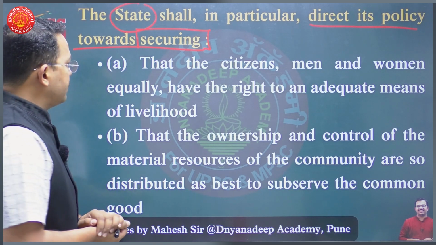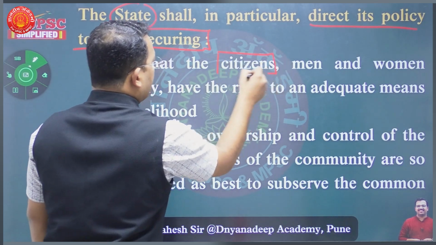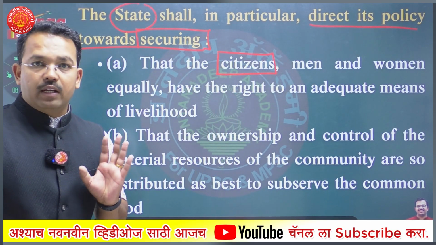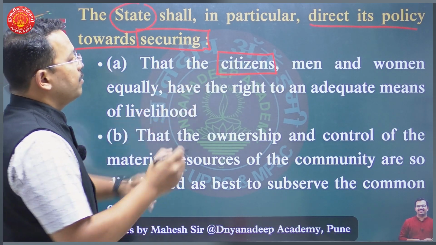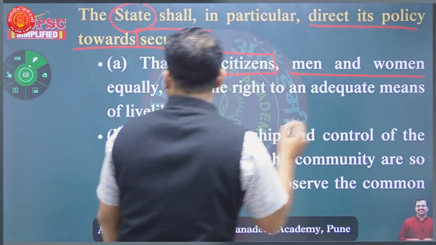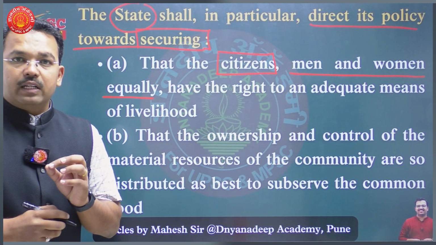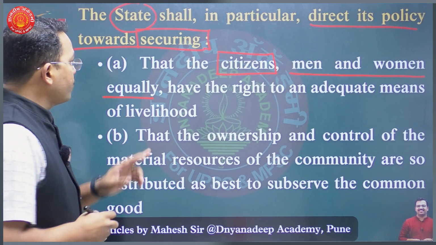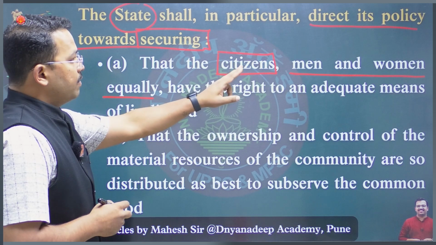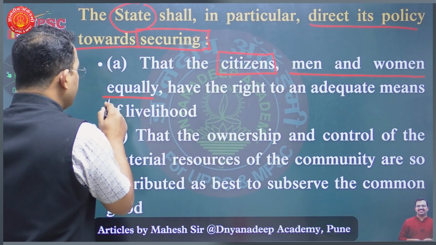So it says that the citizens. The first clause is applicable to citizens only, it is not applicable to everyone. So that the citizens, men and women equally. So remember the second point: the first clause of Article 39 is applicable to citizens, men and women equally, that the citizens, men and women equally have the right to an adequate means of livelihood.